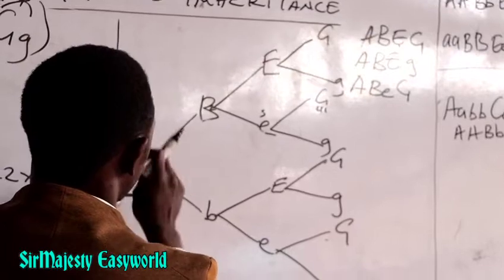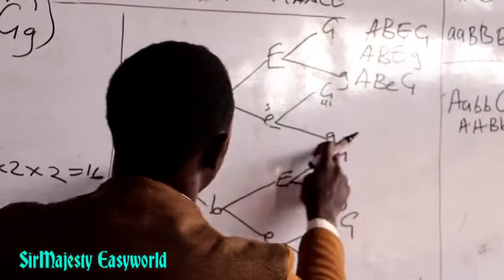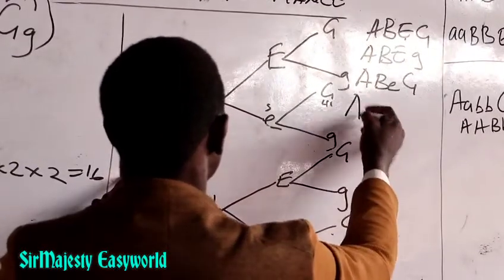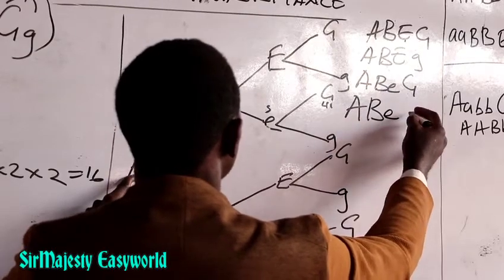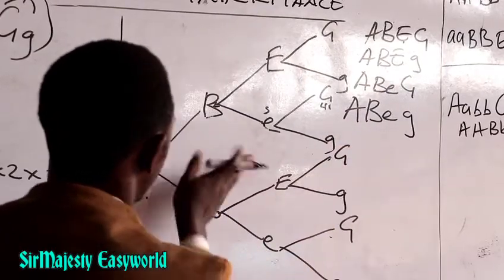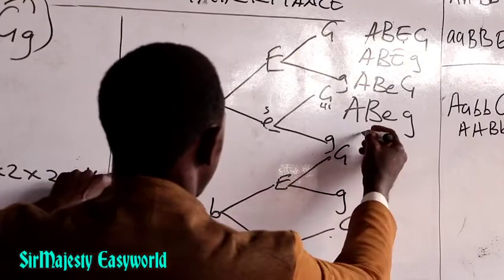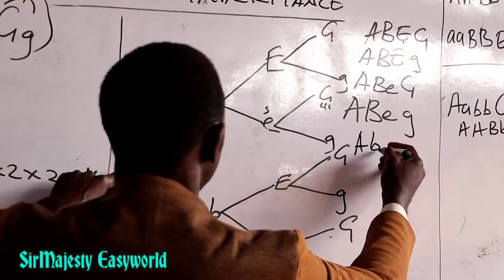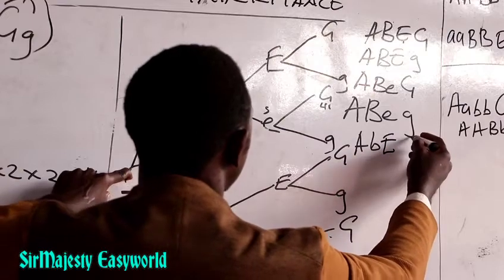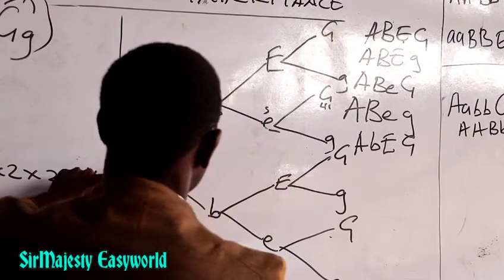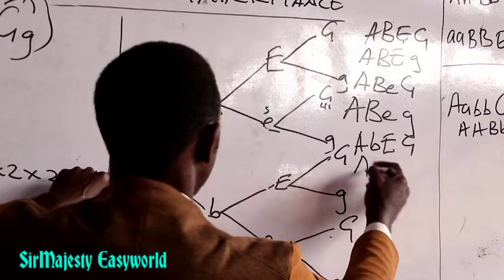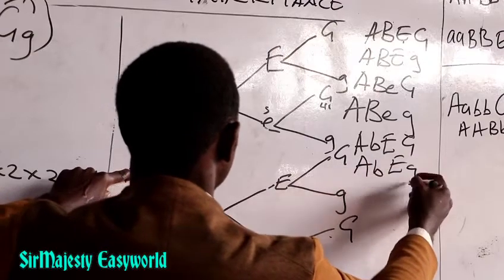So we take the other direction. 1, 2, 3, and 4, which will give you capital A, capital B, small e, small g. Then we are done with this branch. We come down here, we have capital A, small b, capital E, capital G. Then we take 1, 2, 3, 4, that's capital A, small b, capital E, small g.